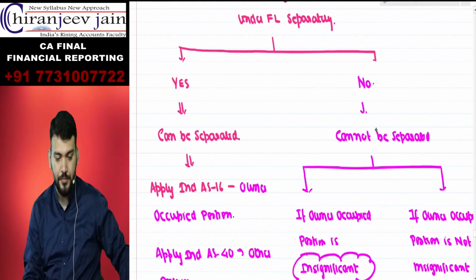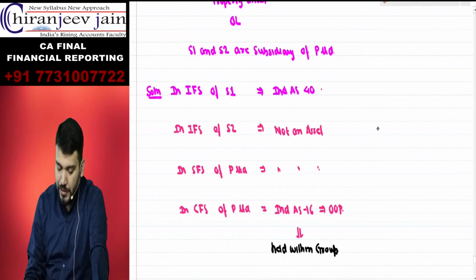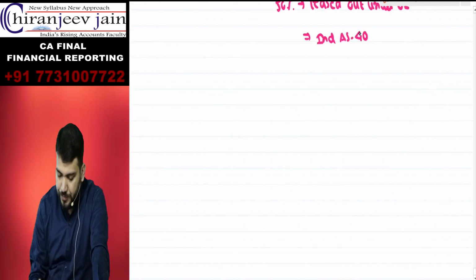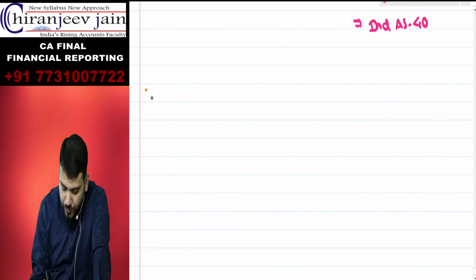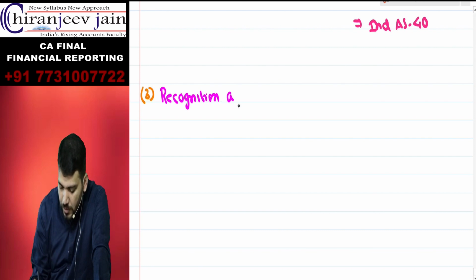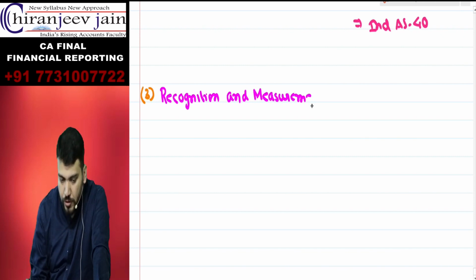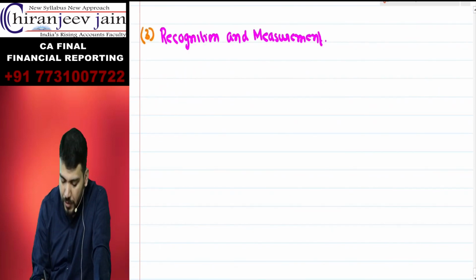Now, write down. Recognition and measurement. This is point number 3. So point number A, write down recognition criteria.